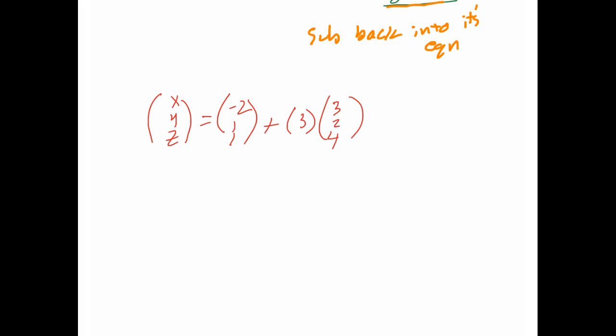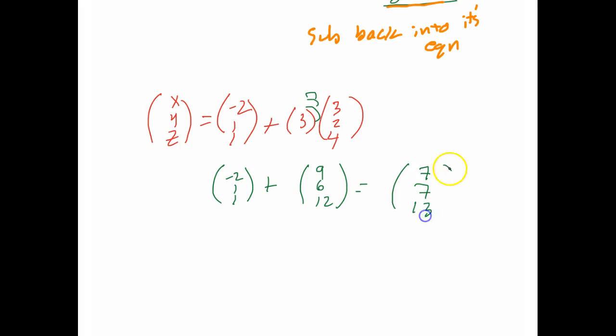And like always, you just simplify this. Distribute that 3 to all of it. We get negative 2, 1, 1 plus 9, 6, 12. Add up like terms. Add up the corresponding parts, I should say. 7, 7, 13. So that's the intersection of the points.